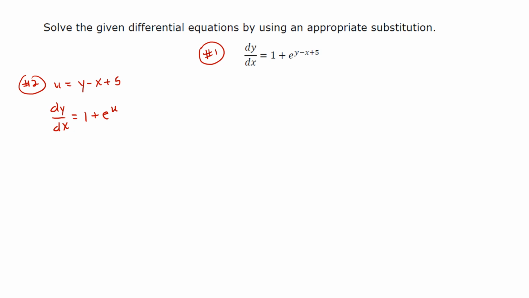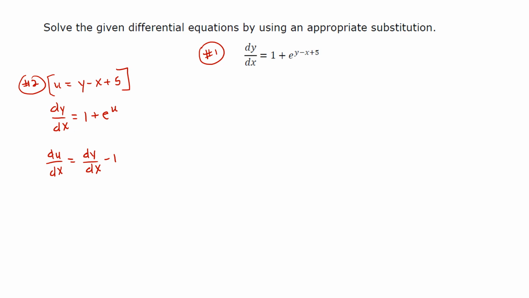Okay, now we want to differentiate both sides of our u expression, right? So du dx will be equal to dy dx minus 1. Okay, so we differentiated both sides of our u equation.